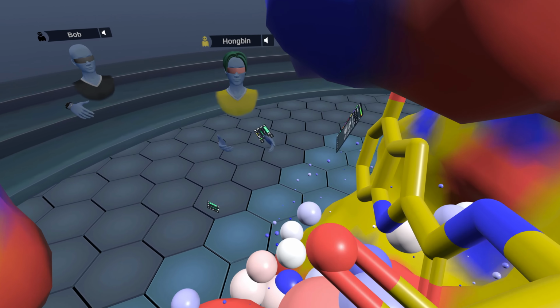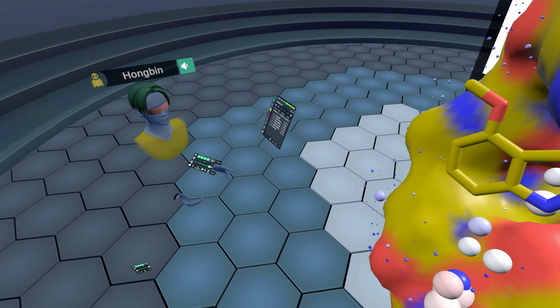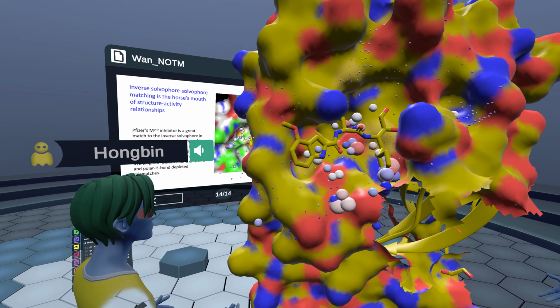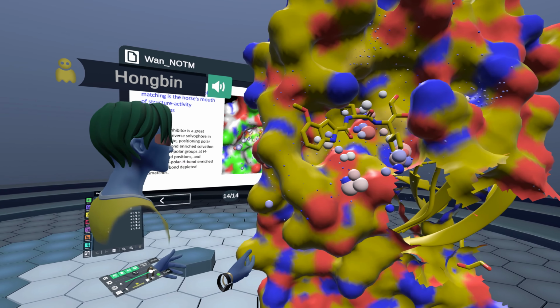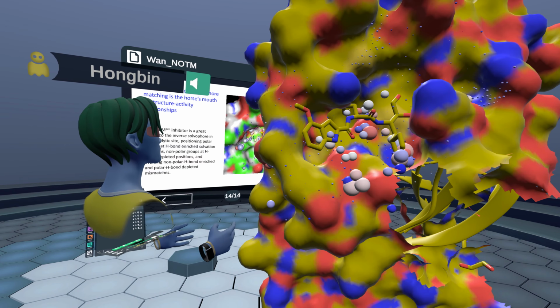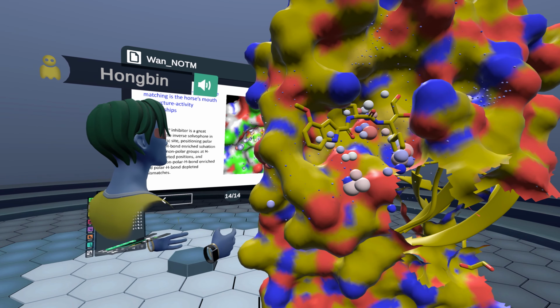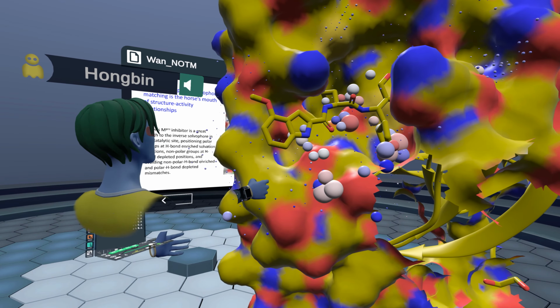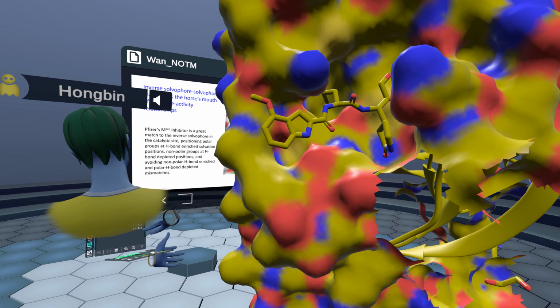And then the red or reddish color represents the oxygen atom favorable positions, and the light blue color represents hydrogen atom favorable positions. So the ligand here is the Pfizer drug-like analog. So let me hide the voxels here.